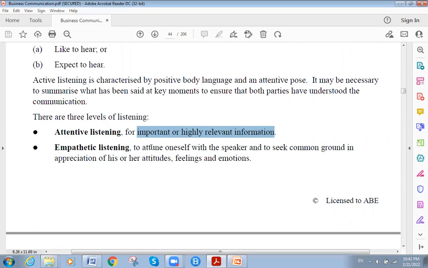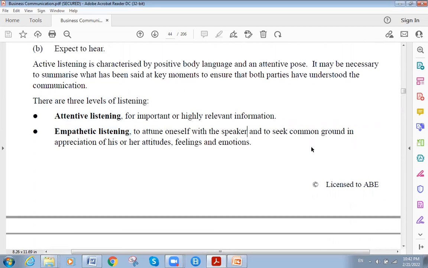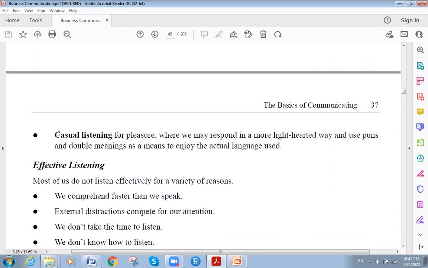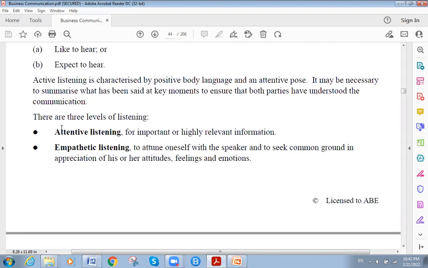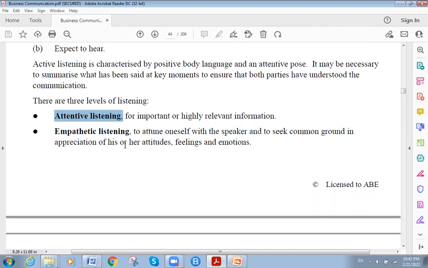Empathetic listening, to identify oneself with the speaker and see common ground. Casual listening for pleasure, where we may respond in a more light-hearted way. But the most important one in business is attentive listening.